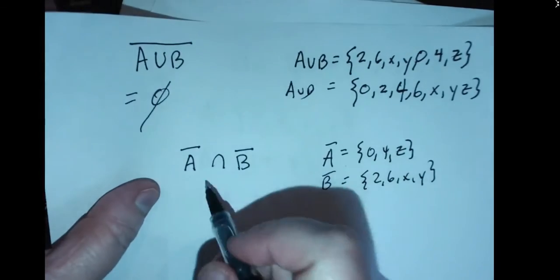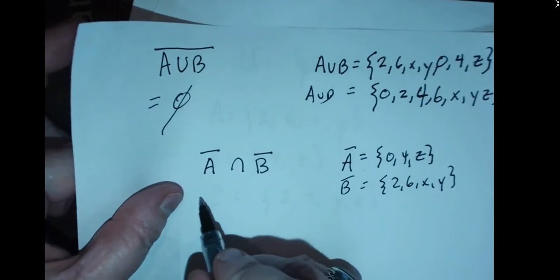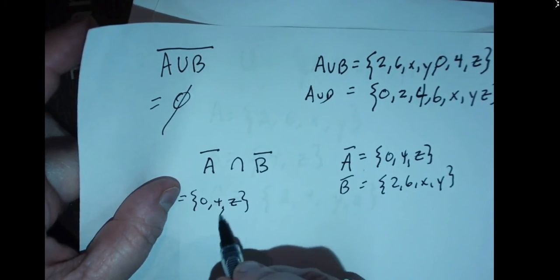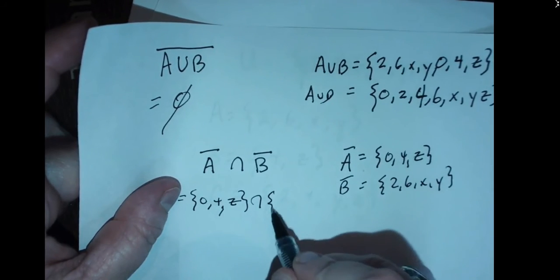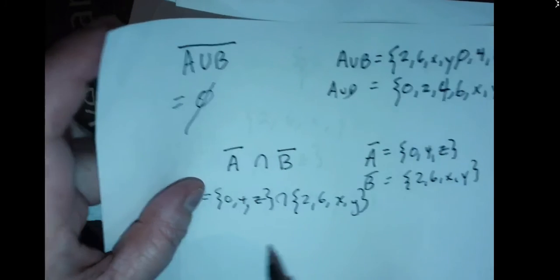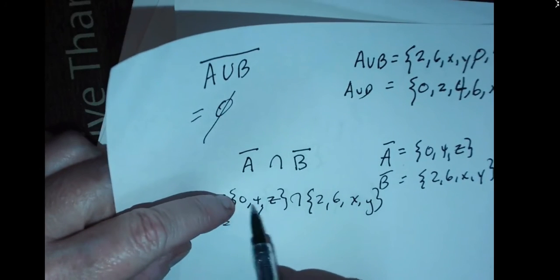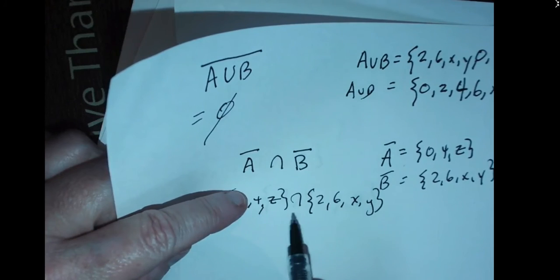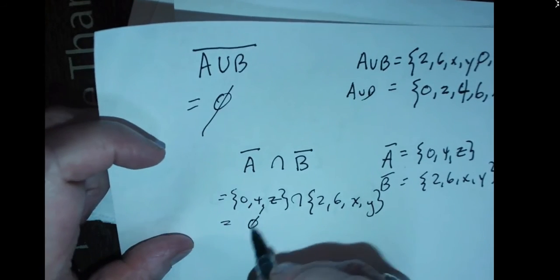And so now I just take the intersection of these two. And I go through this one. No, 0's not in there. 4's not in both of them. Z's not in both of them.